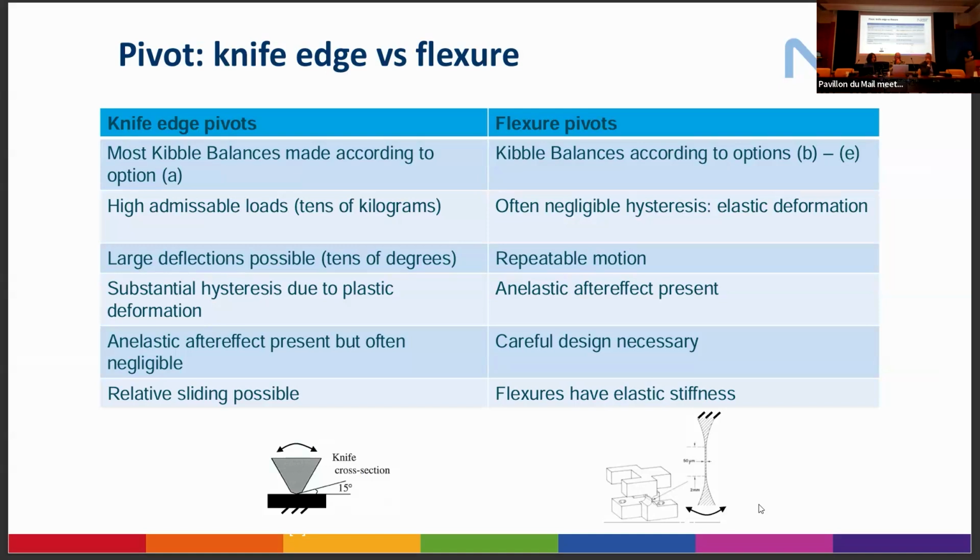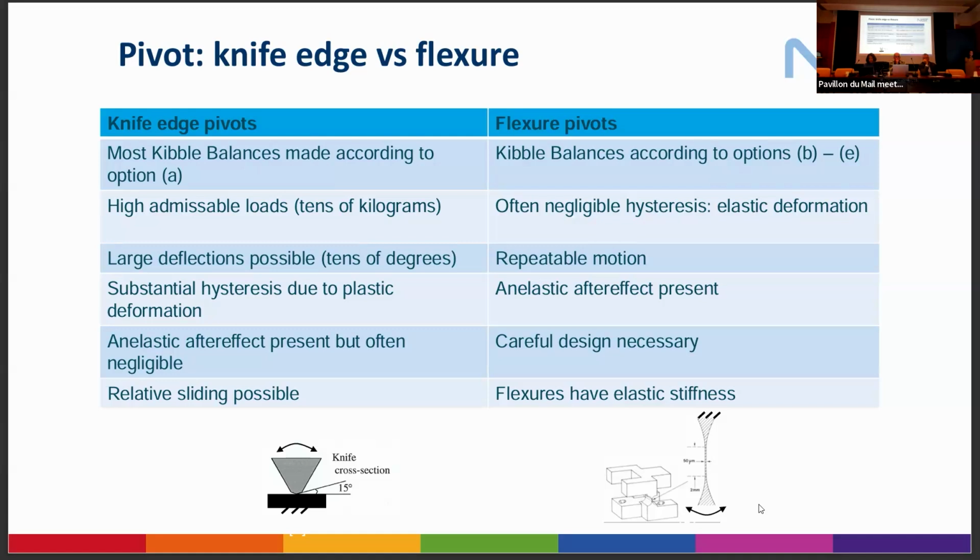And if you have less load, then you can afford to use flexures. Most modern mass comparators use flexures. And it's easy to do flexures because you can machine them more easily than having to build knife edge and flats.